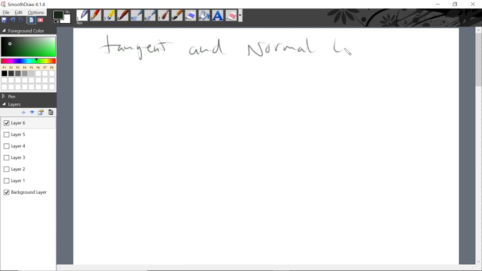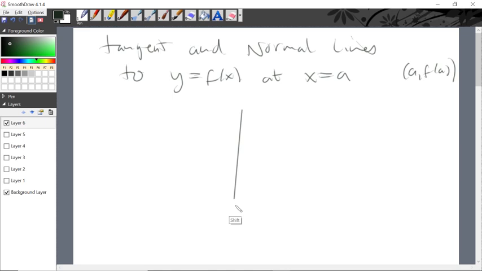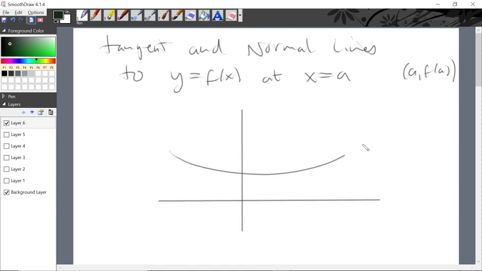Tangent and normal lines, okay, to a curve. So to y equals f of x at x is equal to a. So that means at the point a, f of a. So take a look at the geometry here. If we have a curve with a point, right, where x is equal to a, so y is equal to f of a, so this is the point with coordinates a, f of a.